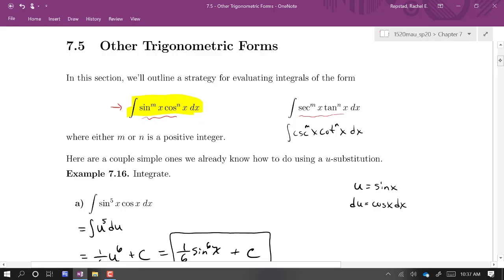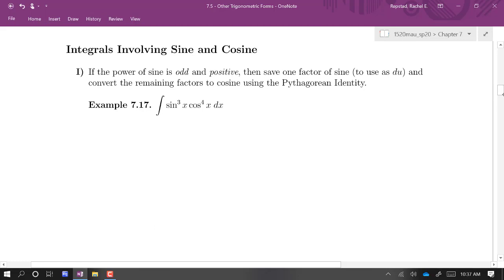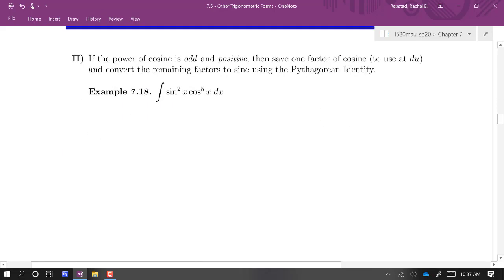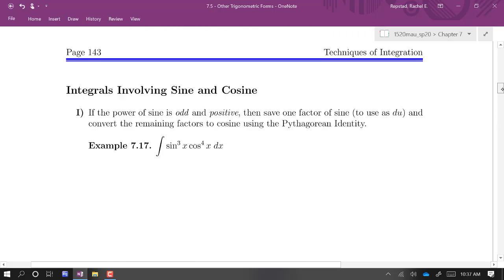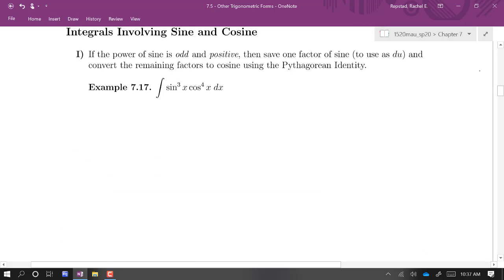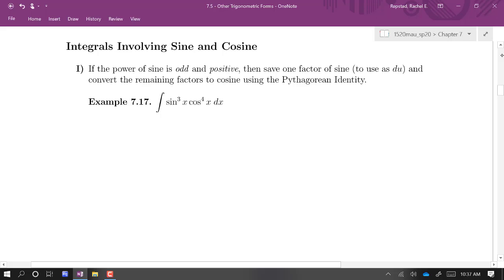In these notes, I break this down separately, like if the power of sine is odd and positive versus if the power of cosine is odd and positive. But the strategy between these two is basically the same. So if one of these powers is odd and positive, we're in pretty good shape. We're going to peel off a factor of that function that has the odd and positive power, and throw it at the end.